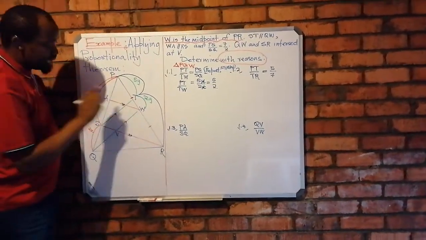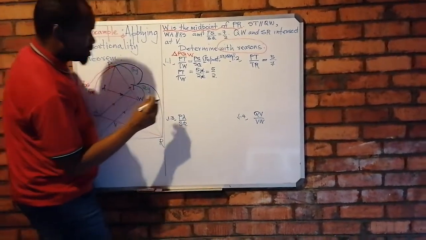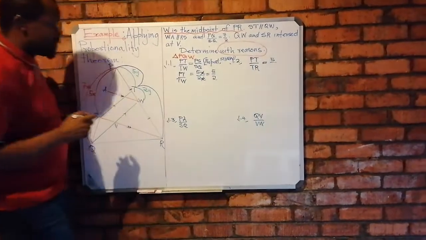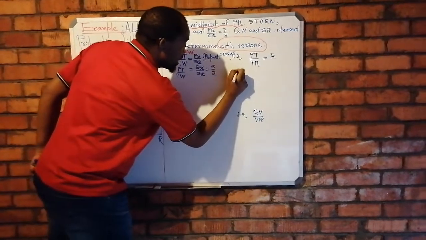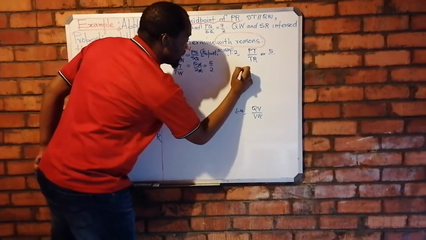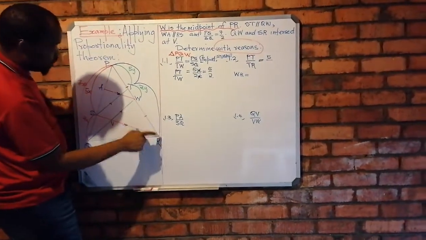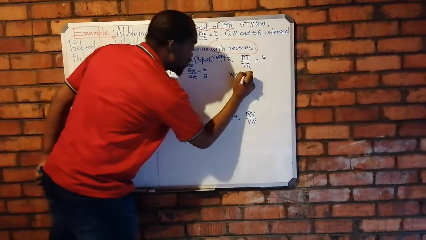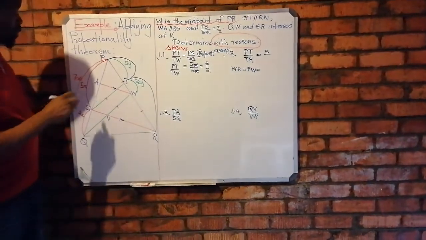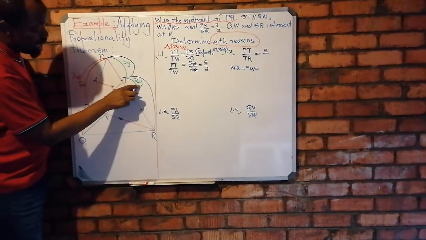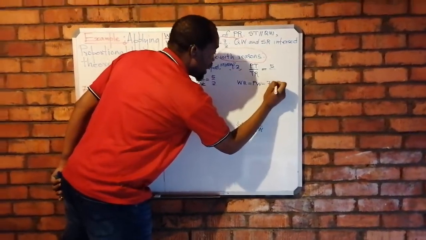Now, why is it 7y? I'm sorry about that, not 7y. I want to use this. WR is equal to PW, which is equal to 5y plus 2y, which is equal to 7y.